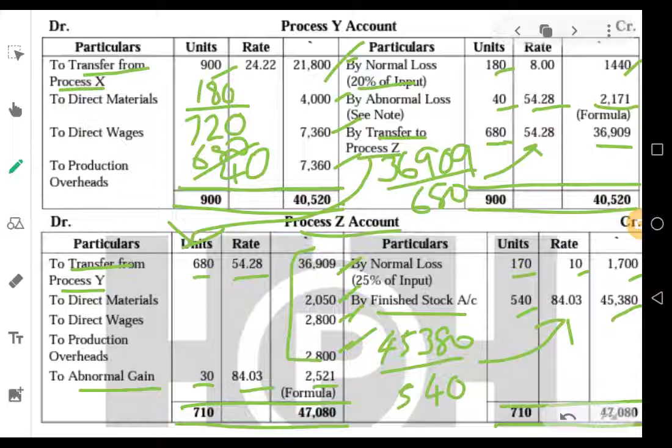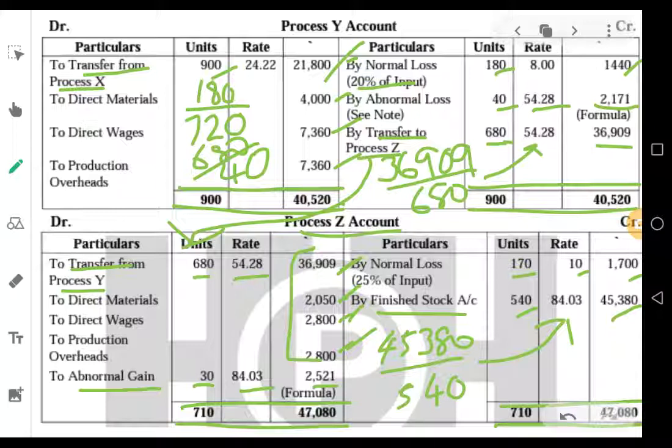And it's a very simple problem. The only thing is you should understand how to calculate abnormal loss and abnormal gain units, and also how to calculate the abnormal loss and abnormal gain values. To calculate the value of abnormal loss and abnormal gain, the formula we use is the same: total process cost minus value of normal loss, divided by expected output.